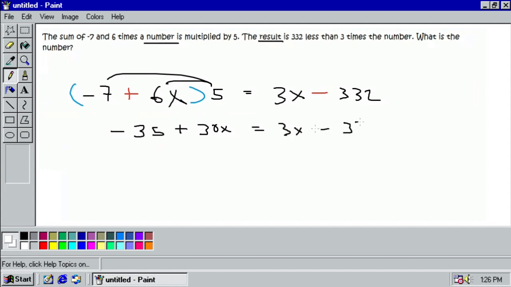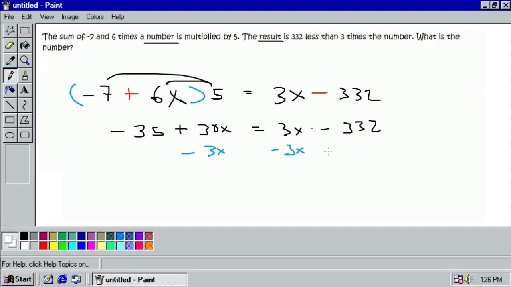So let's solve this. We're gonna move 3x here and we're gonna move negative 35 here. So we're gonna subtract 3x, so that gives us 0 on one side. We won't change the value of the equation.